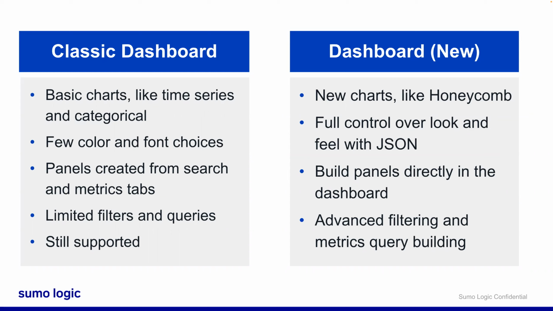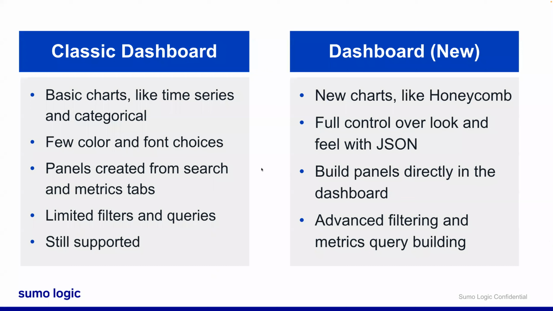What Dashboard New adds is some of those features that you start to see in the Explore tab, specifically the honeycomb panels, among other things, of course. But that's one of the advantages of using the new dashboards. We're going to look at some of the other advantages, such as utilizing things like JSON, which is going to be really helpful for you to customize your dashboard, but we'll get into that.